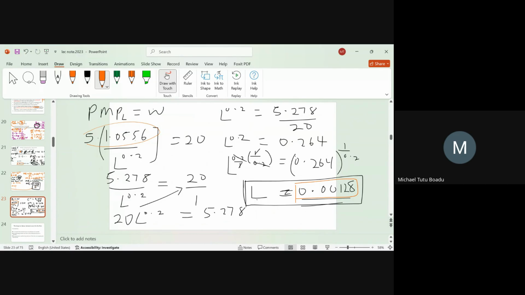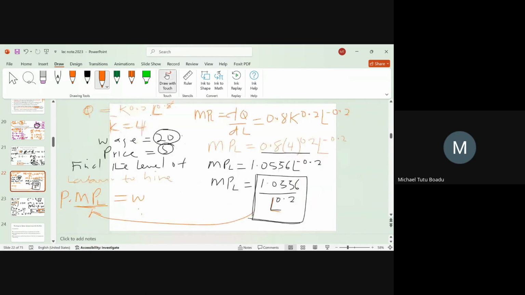So it means that if you hire more than this amount of labor, given the production function we have, or given what you really want to produce, this is what you want to produce. You want to produce scale by combining 20% of capital and 80% of labor. You know the total amount of capital you want to hire, but you don't know the amount of labor you have to hire in order to have a good combination to produce the right quantity you want.